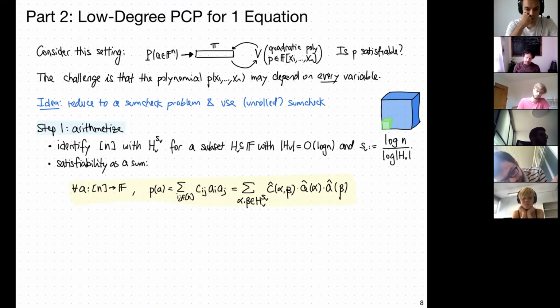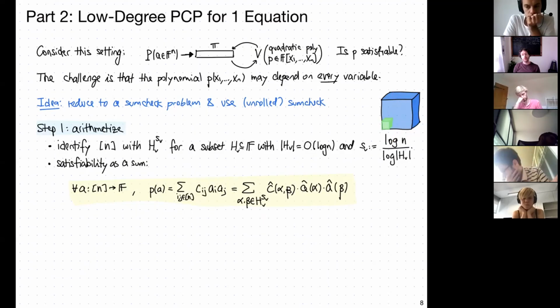Then we can take the low degree extension of this function. Instead of considering the function from n to F, we can extend it into a polynomial. We'll have the low degree extension of c, which on these values is exactly the coefficient c of ij, but we can also evaluate it over the entire field because it's a formal polynomial.